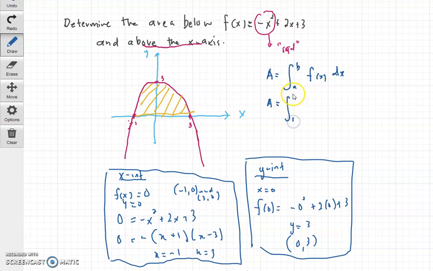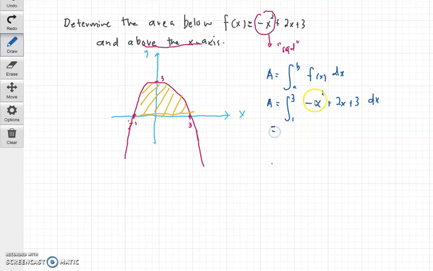You can put here negative 1 and 3. And the value of f(x) is taken from the question, which is negative x squared plus 2x plus 3, and finish your equation with dx.